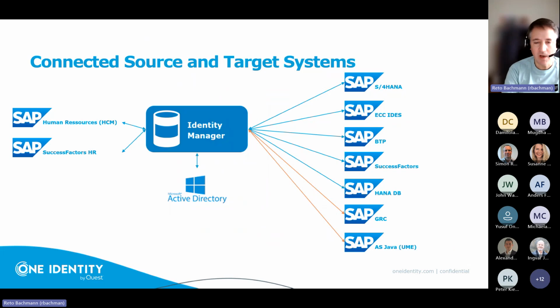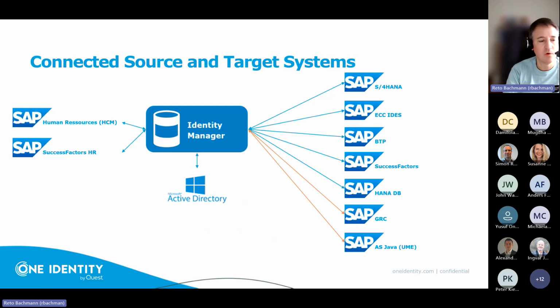So the idea of how, in an SAP world, we can provide a benefit to the customer is that we can connect to the normal human resource HCM system on R3 or S4. We can connect either this system or SAP SuccessFactors or both.